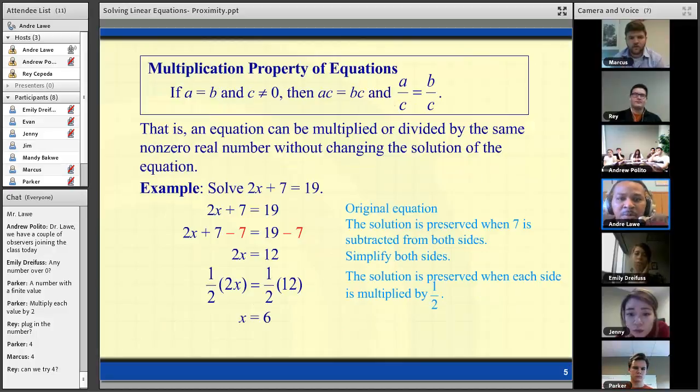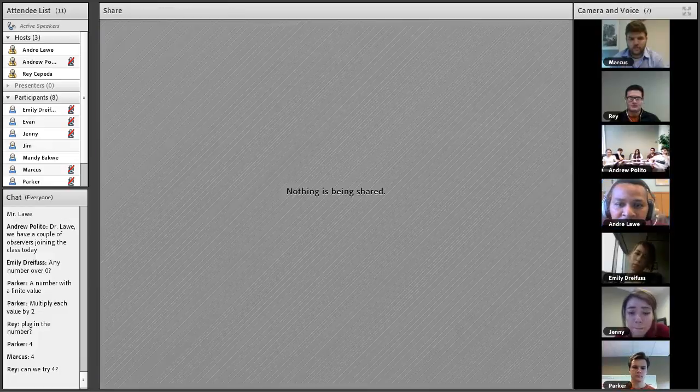Similarly, the multiplication property of equality tells us that when we have an equation, if we multiply or divide by the same non-zero real number, the solution of the equation will not change. So let's get back to a whiteboard here very quickly.